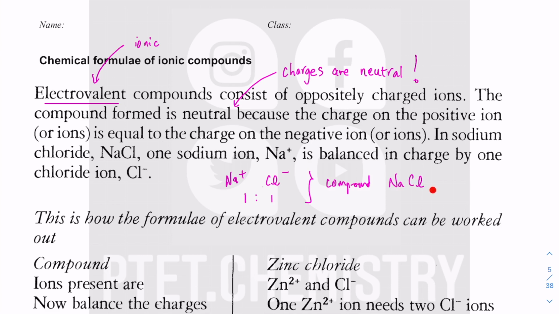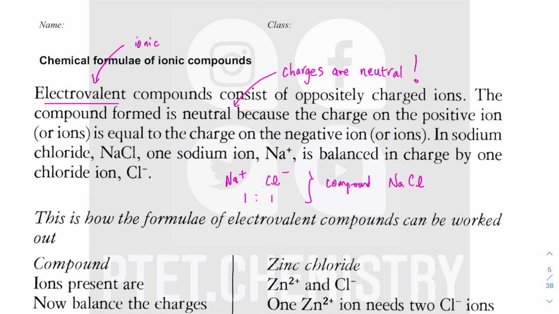However, we know it's a giant ionic structure, defined as a giant lattice with alternating cations and anions. The oppositely charged ions alternate as they are attracted towards each other in that pattern.